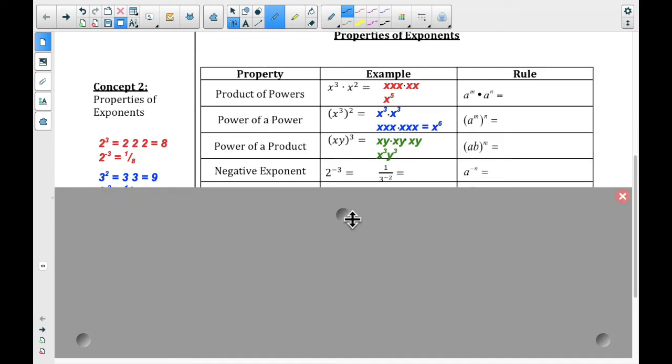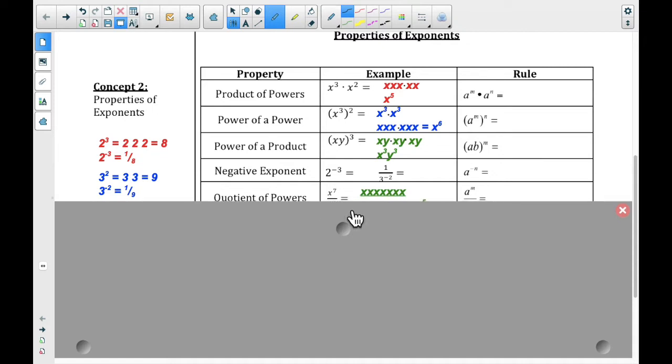Negative powers. Okay, let's come over here to the margin because I don't have enough space to talk about everything that we need to in here. So the negative exponents go to this and this. So 2 to the negative third is this one. So 2 to the negative third, well, let's think about 2 to the third.